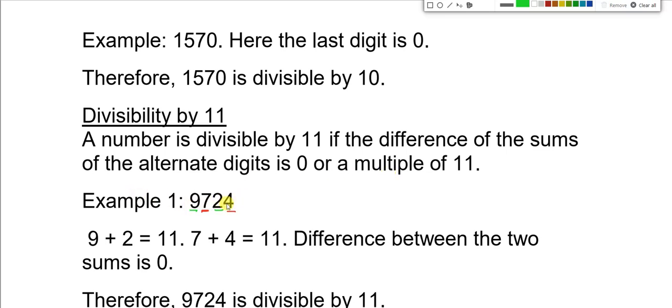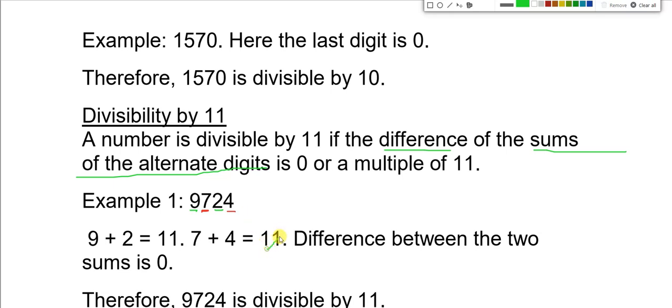So here you can see 4 and 7 are alternate digits. Their sum is what? 11. 9 and 2 are also alternate digits. Their sum is what? 11. So we have to find the difference of the sums of the alternate digits.